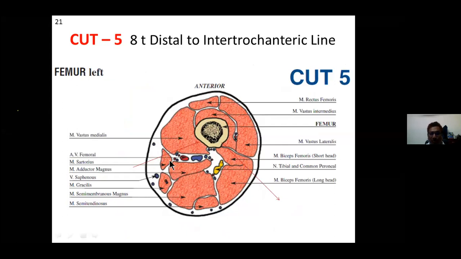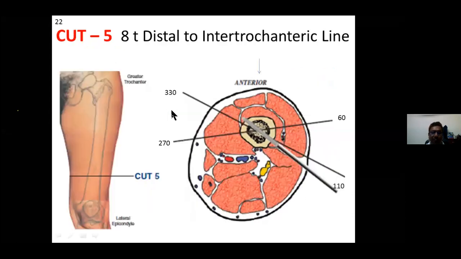The posterior zone from 120 to 260 degrees must be avoided. Here are the neurovascular structures. Wires can be placed here at 60 to 70 degrees and at 110 to 320 degrees.